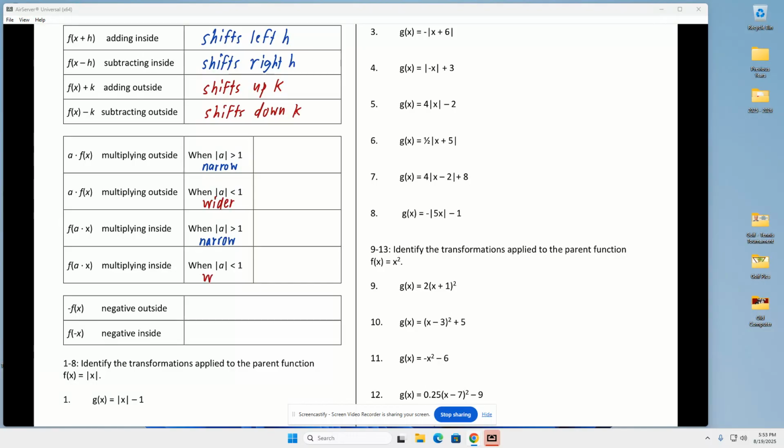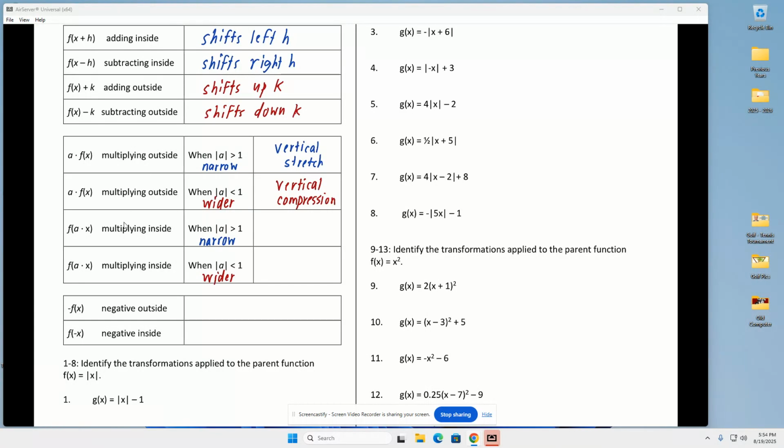Now, if I can remember that, it's going to help me to be able to picture these things. So first, if it's multiplying outside, we know it's a vertical dilation. Well, what vertical dilation makes it more narrow? Well, that's a vertical stretch. And then the vertical move that makes it wider, that's going to be a vertical compression. It's smashing it. Okay?